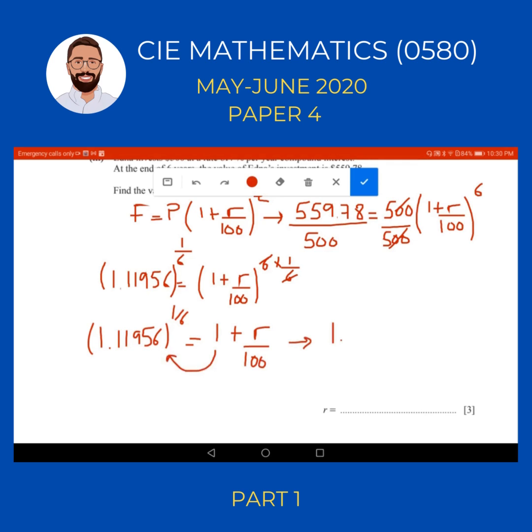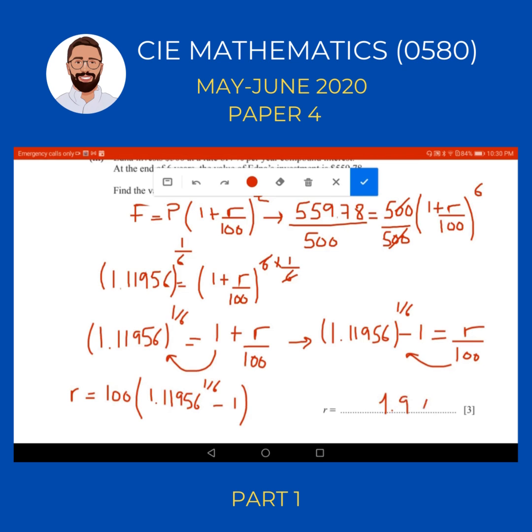So 1.11956 to the power of 1 over 6, minus 1, is equal to R over 100. So R is basically 100 times (1.11956 raised to the power of 1 over 6, minus 1). And the answer is equal to 1.9%. So that's the rate.